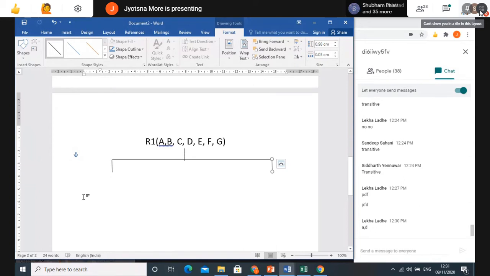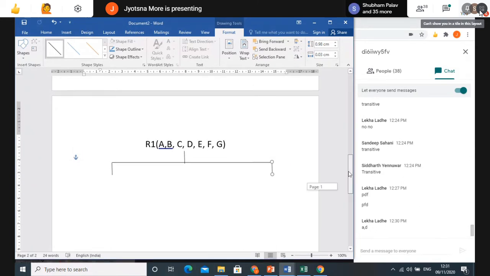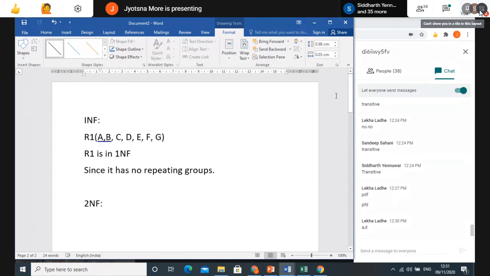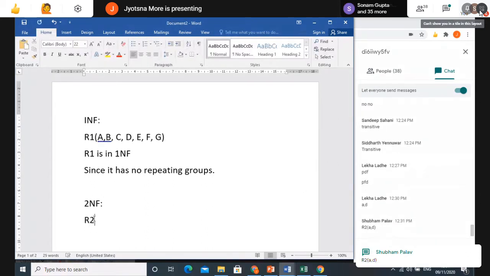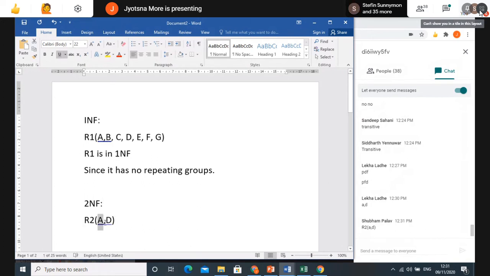AD. Correct. So R2 will be A comma D, which is my partial functional dependency, where part of the key attribute is determining a non-key attribute. So in this case, A is my key attribute, which is now a full key attribute for this dependency.